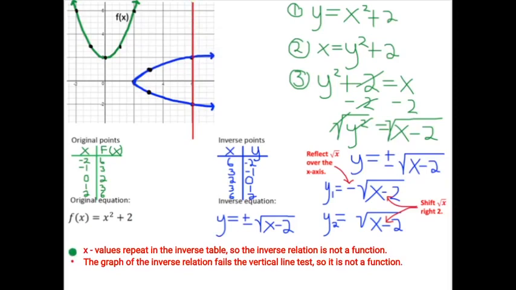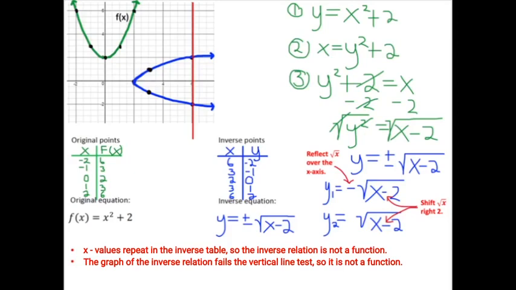All right, so I also went ahead and wrote down what we saw in the table. So x values repeat in the table, so the inverse relation is not a function. The inverse relation fails the vertical line test, so it is not a function. So those are the two things that we have discussed here.